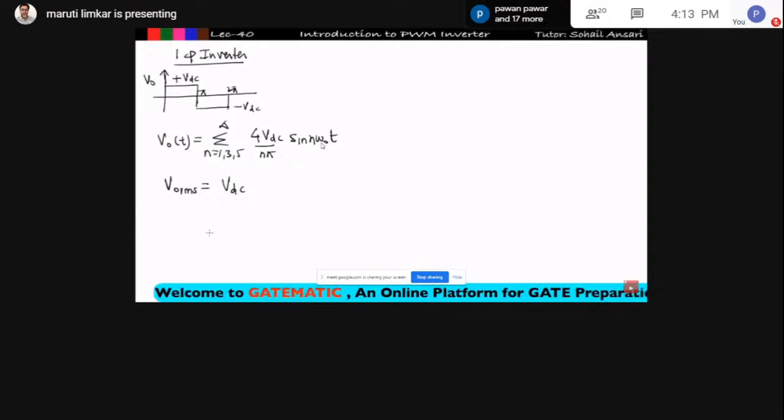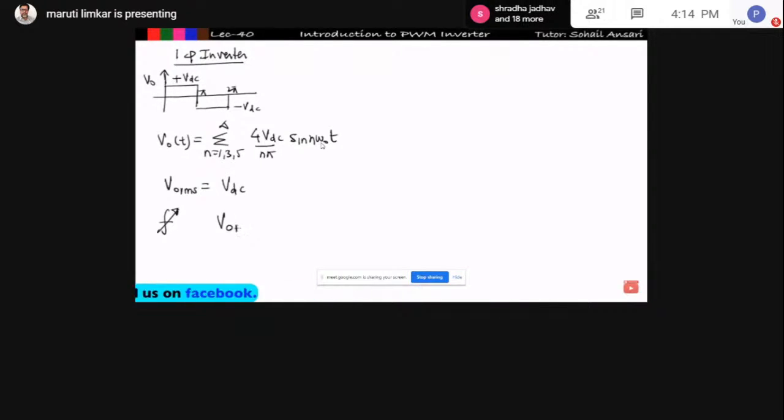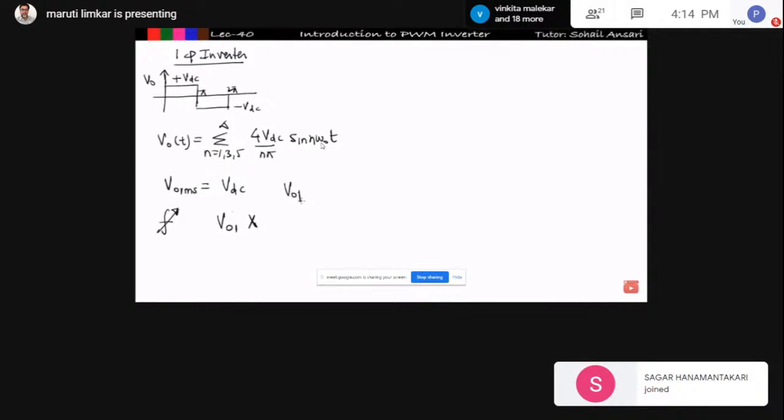So by using this concept, we can control the switching frequency, no problem. We can turn on and turn off at different switching frequencies to get the output voltage at different frequencies. So we can control the frequency by using this technique. But tell me, can I control the RMS output voltage, or the fundamental component of the RMS output voltage, or the peak value of the fundamental output voltage? Can I control that? No, we cannot control the fundamental output voltage. As we know, V01 is equal to 4 VDC upon pi.